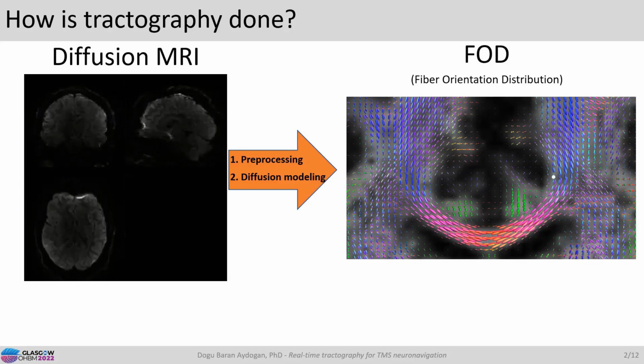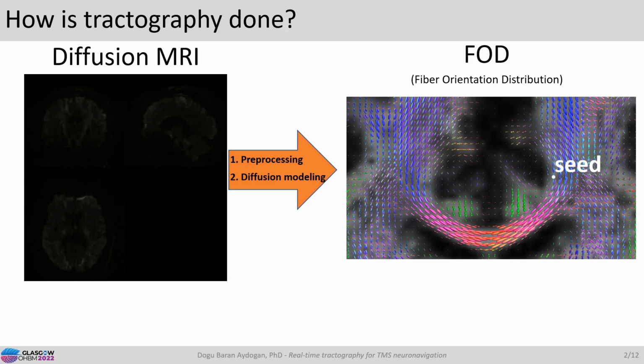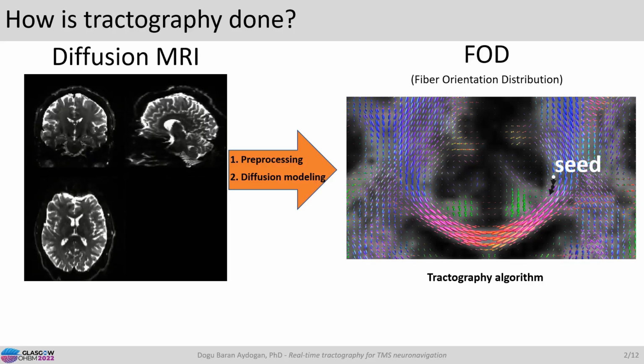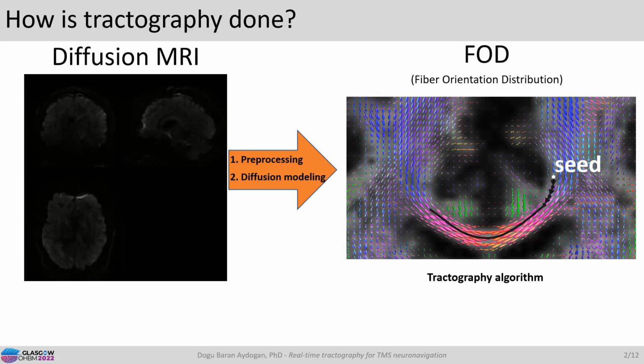Basically, we have information about the direction and strength of diffusion in each voxel. Then we pick a random point in the brain, which is called the seed, and ask a tractography algorithm to find where it connects to. And the algorithm step by step propagates in the FOD image to find the connection. Basically, we only need this FOD image for tractography, which does not change in the conventional or real-time case.